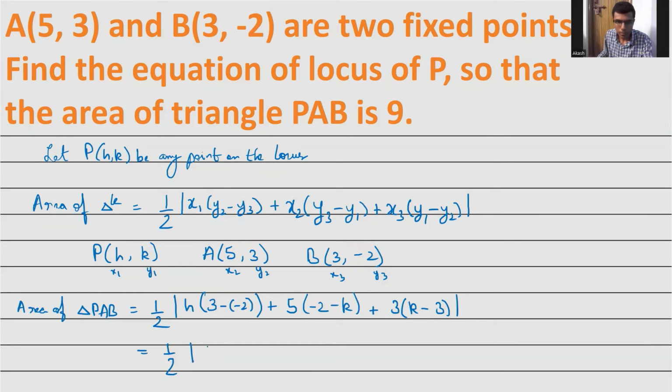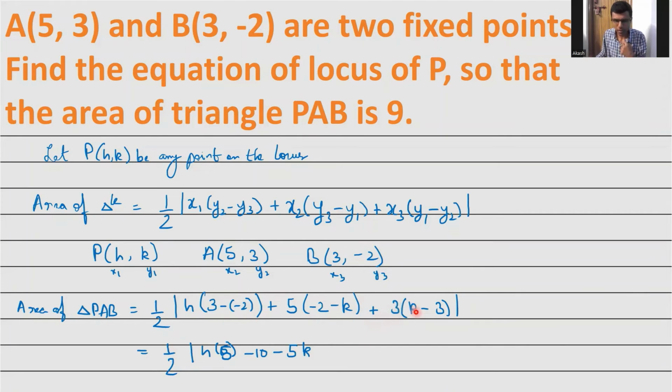Half into mod. This would be 3 minus of minus 2 is 3 plus 2. So 3 plus 2 is 5. This would be h into 5. Plus, let me expand this bracket here only. Here 5 into minus 2 is minus 10, and 5 into minus k is minus 5k.